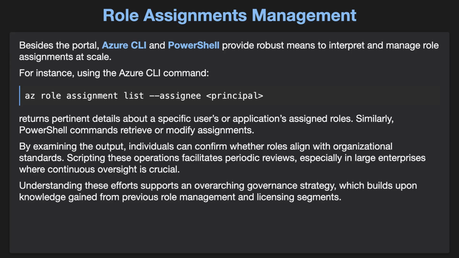By examining the output, individuals can confirm whether roles align with organizational standards. Scripting these operations facilitates periodic reviews, especially in large enterprises where continuous oversight is crucial. Understanding these efforts supports an overarching governance strategy, which builds upon knowledge gained from previous role management and licensing segments.